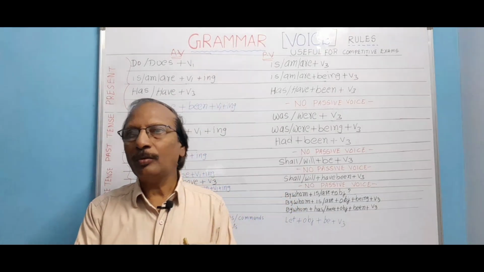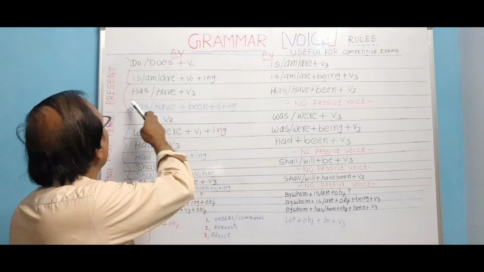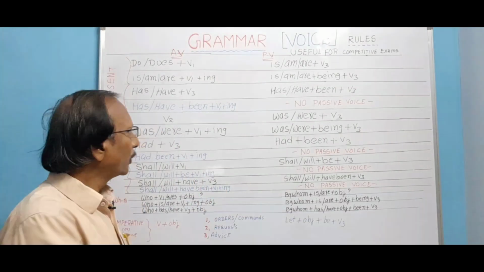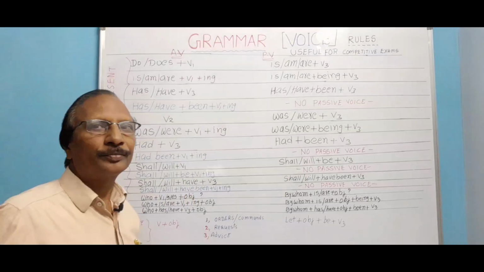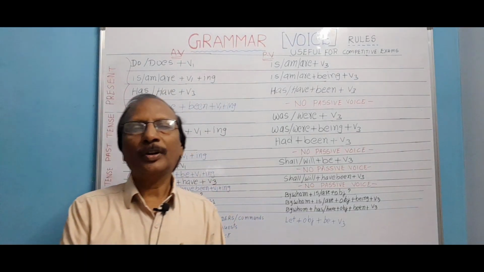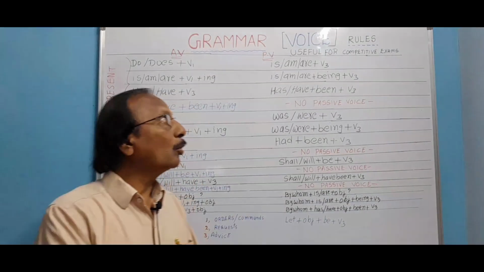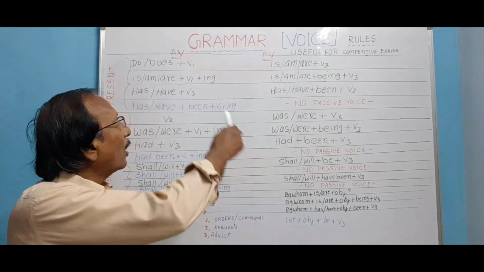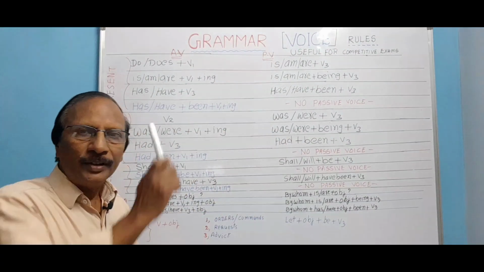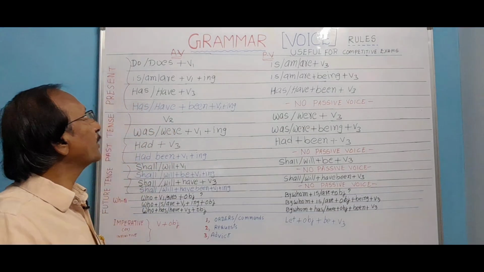Look here, for present perfect continuous, past perfect continuous, future continuous and future perfect continuous, you don't have passive voice. Now let us see the rules first. Afterwards, for each of the rules we will go on explaining with examples.